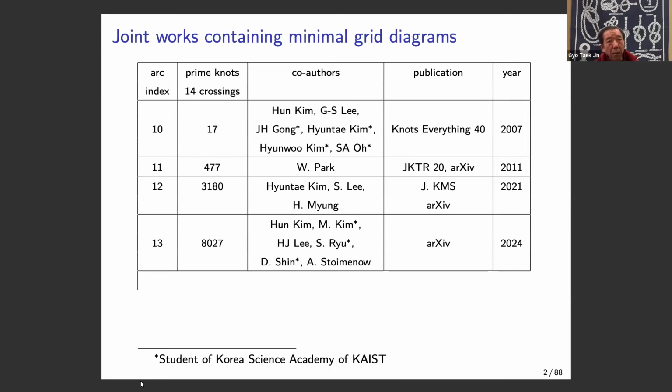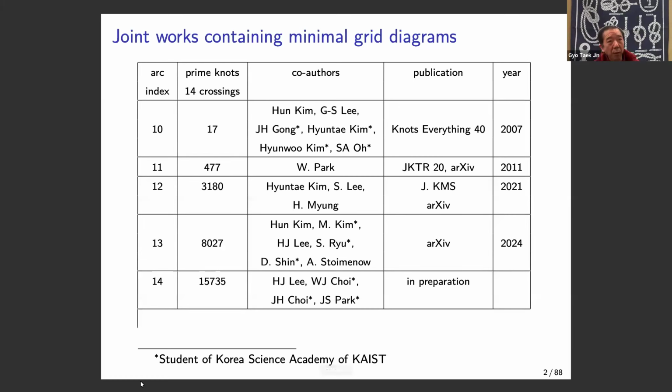And for the 13 crossing, arc index 13 case, we found 8,027 14 crossing knots, and this article is in the archive, and it was submitted last year.